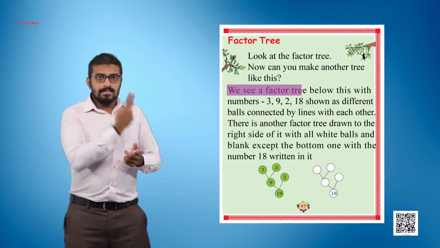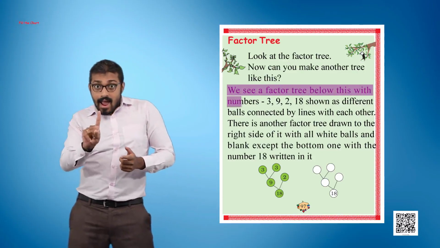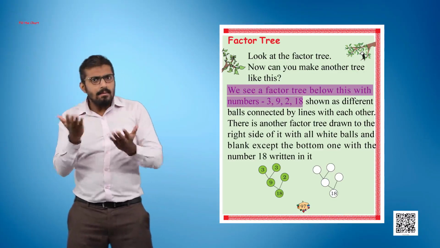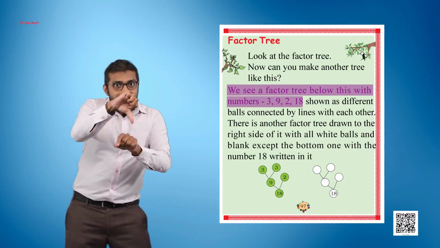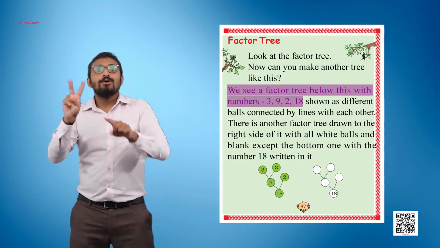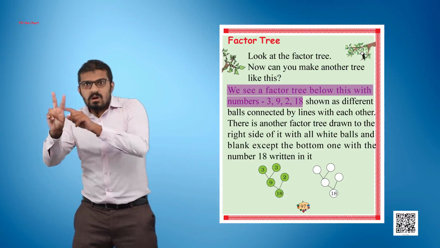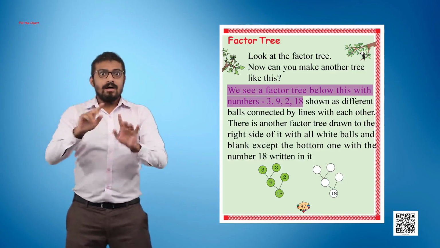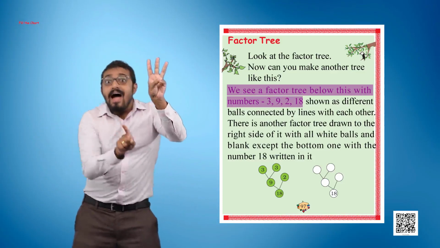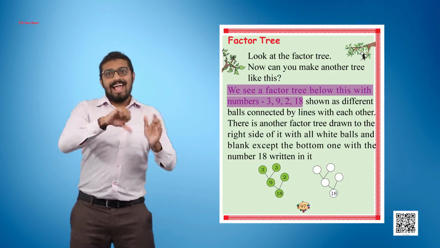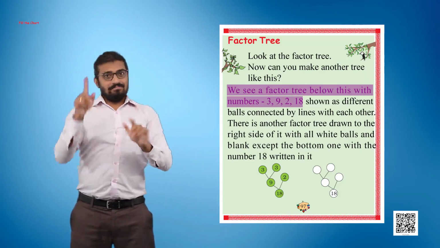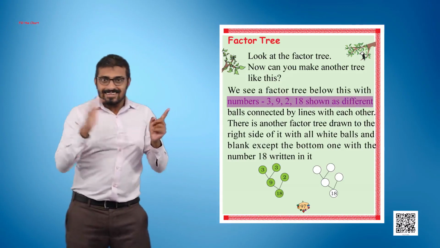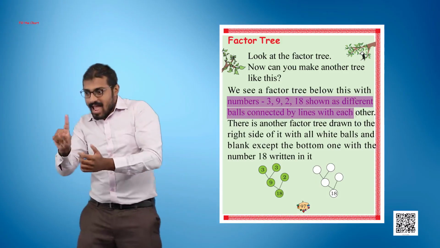We see a factor tree below this with numbers 3, 9, 2, 18, shown as different balls connected by lines with each other.